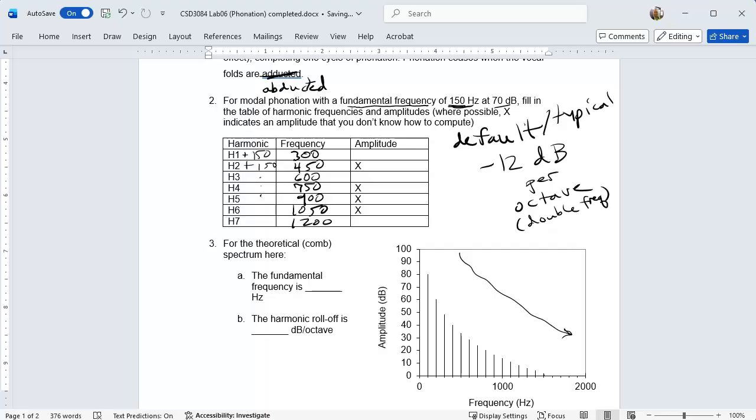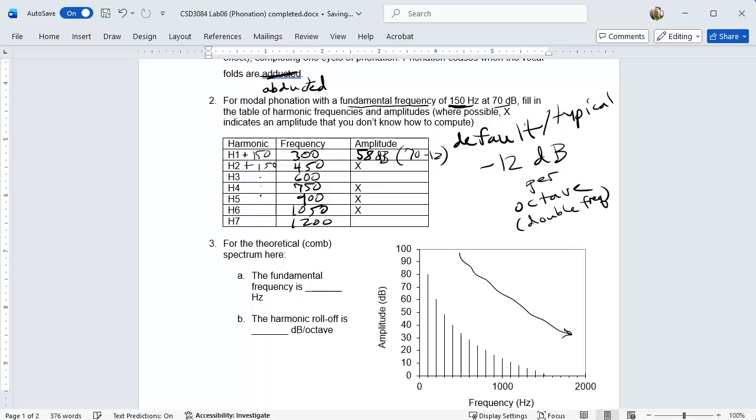So when we go from the fundamental of 150 to the first harmonic, we do indeed double the frequency. So we would drop that amplitude by 12, which gets us down to 58 dB.